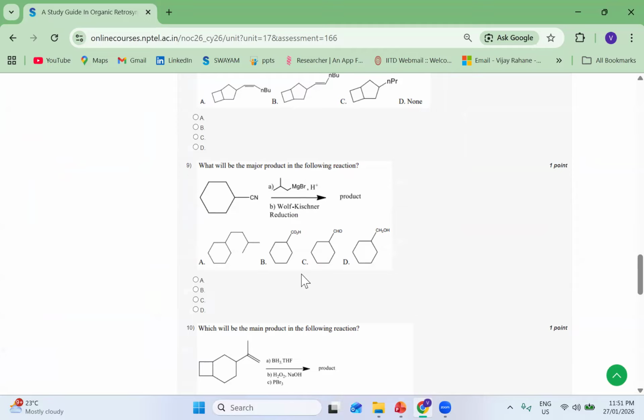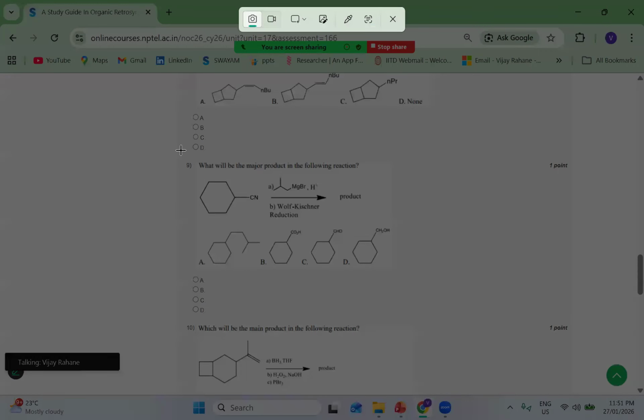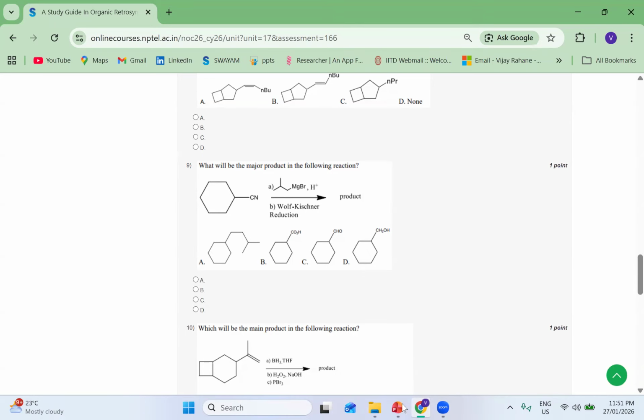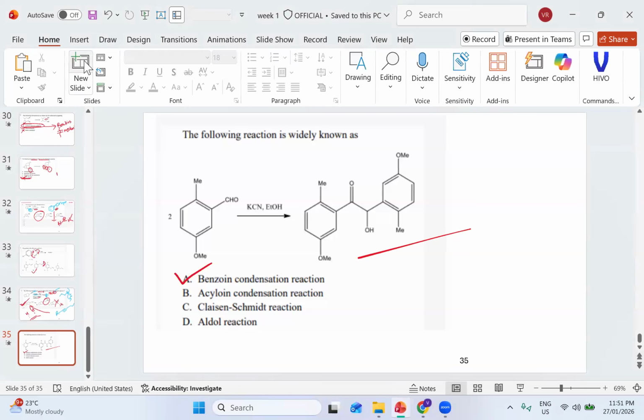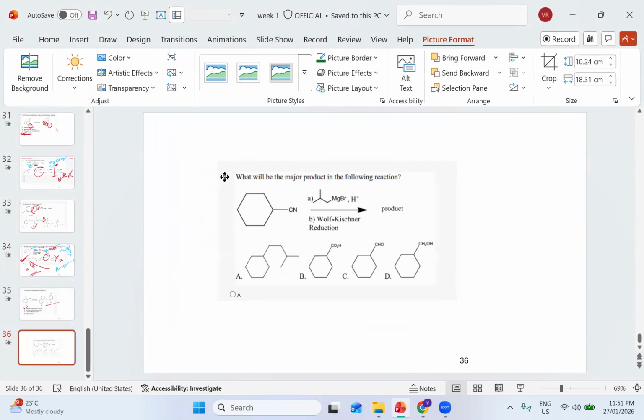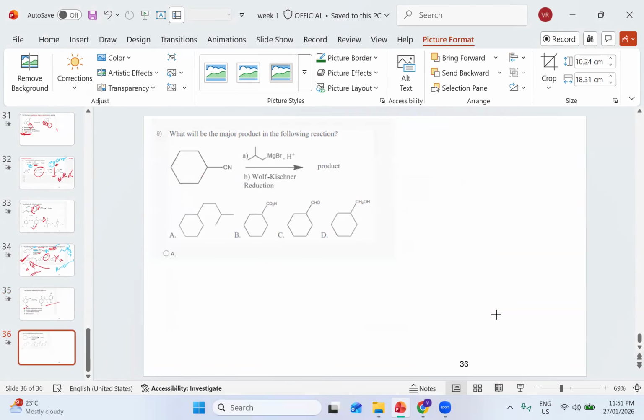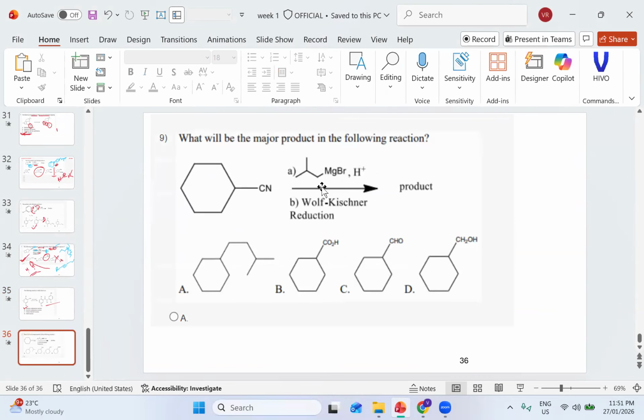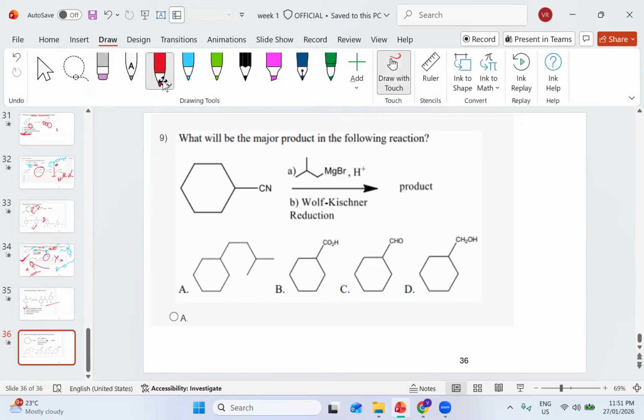Then there is another question, just a similar question on question 9. Okay, so what happened in this question?